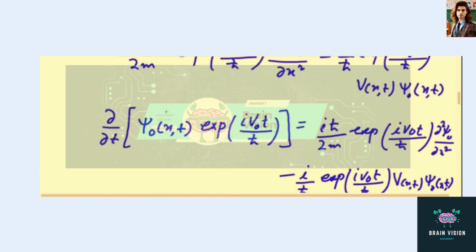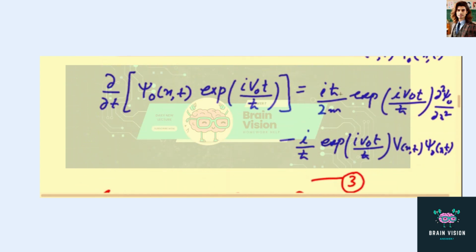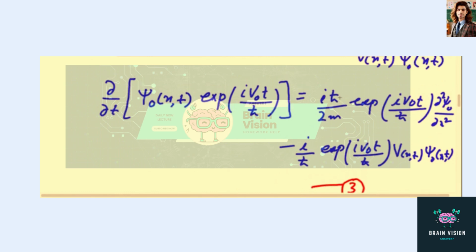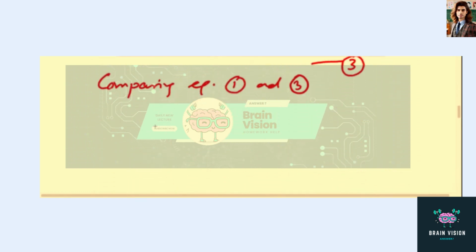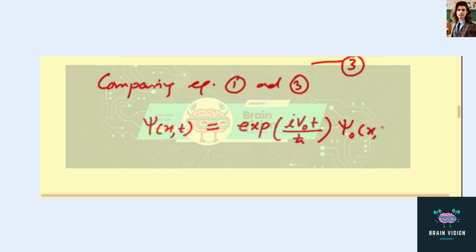You can see the right hand side is the same in both, so hence psi xt is equal to exponential i V naught t by h bar and psi naught xt.